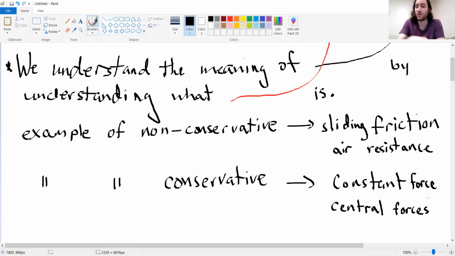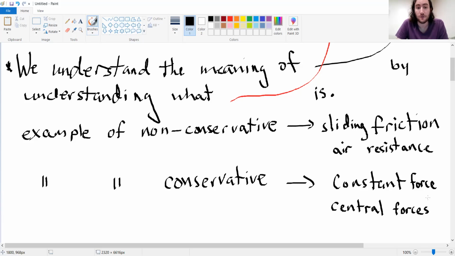Another example of a central force is the electrostatic force that is talked about in the second semester of this course. I say the electrostatic force because the full electromagnetic force is not necessarily conservative.